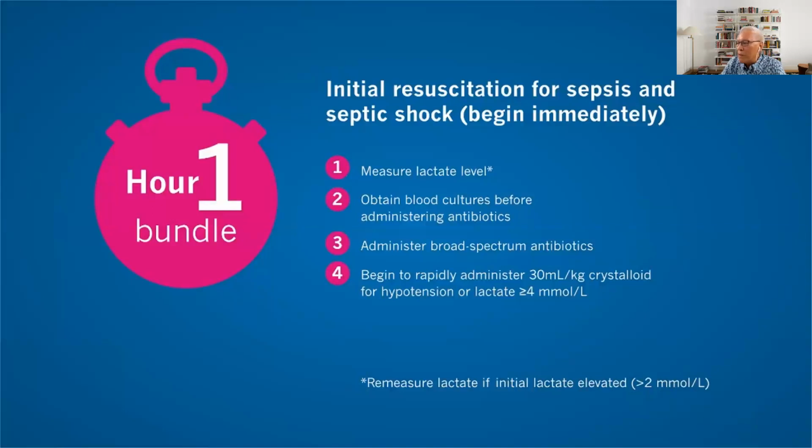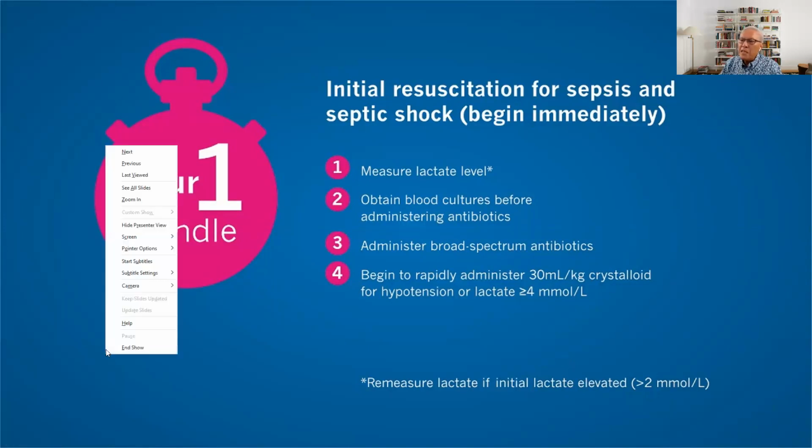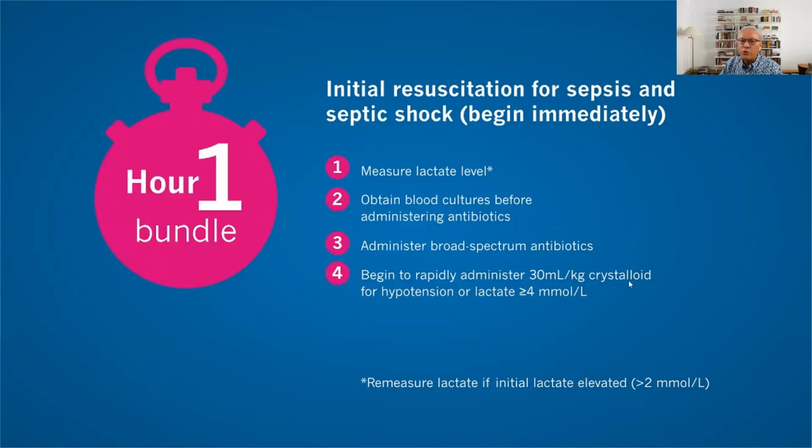And the rule of thumb is we always want to make sure that we maintain a mean arterial pressure above 65 millimeters of mercury. So I want you to remember that number. We would like to maintain an MAP, or a mean arterial pressure, of 65 or greater.